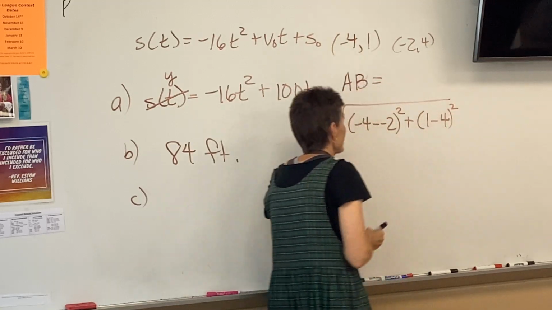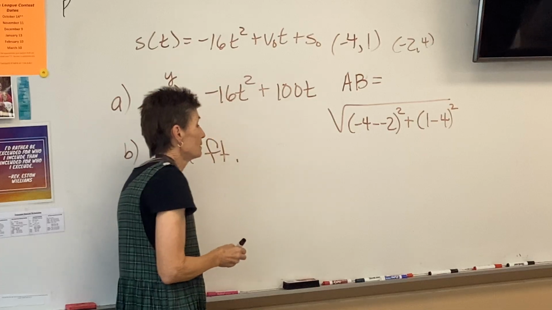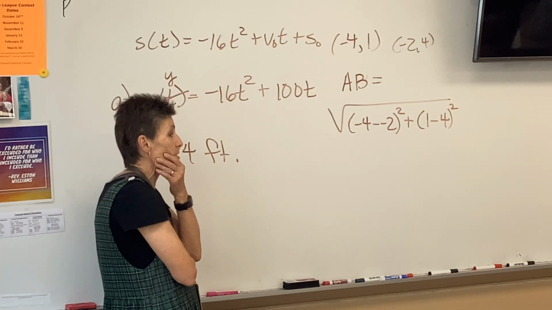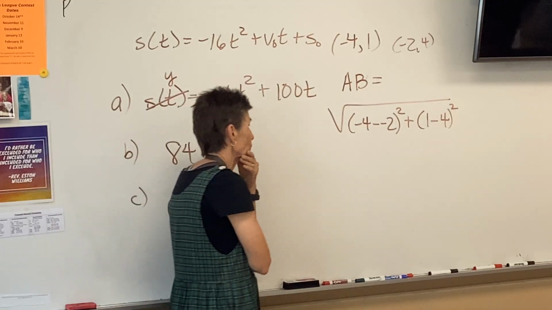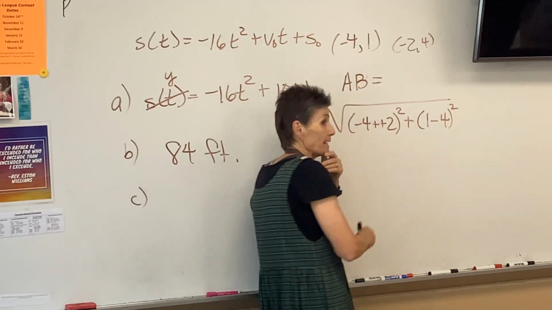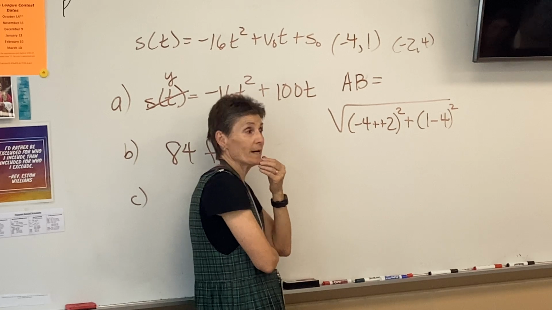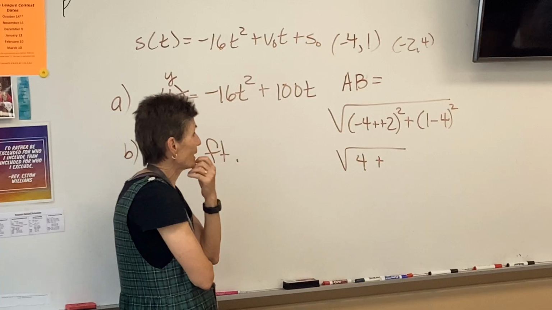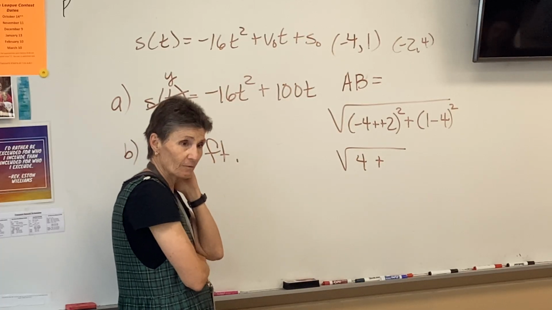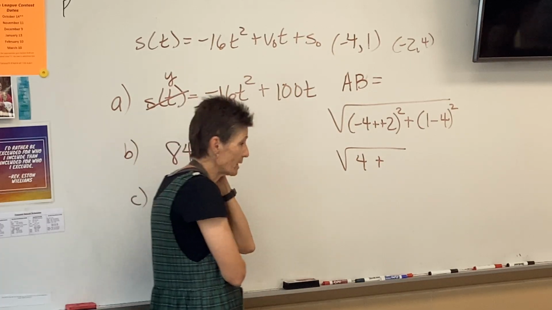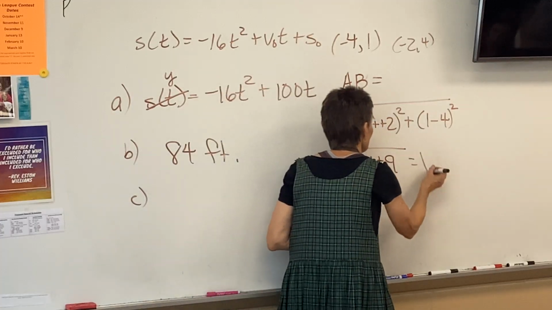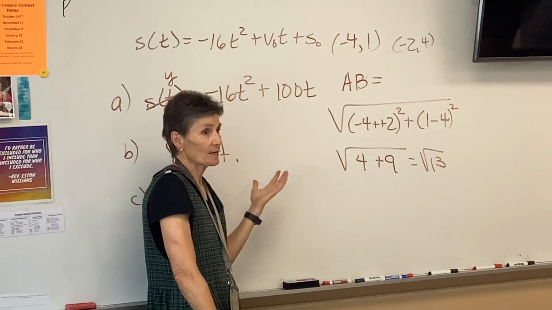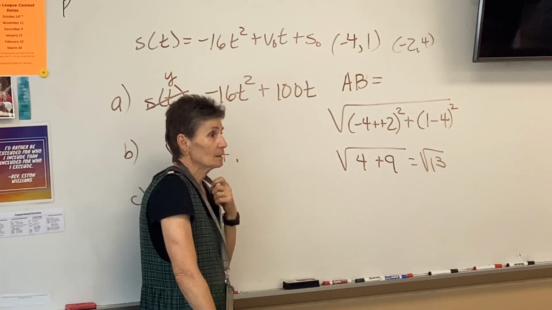Now watch it, there's a lot of negative stuff happening in there. -4 minus -2 is -2. Square is 4. 1 minus 4 is -3. Square is 9. I got root 13, which, that's it. It doesn't break down. That's the answer.